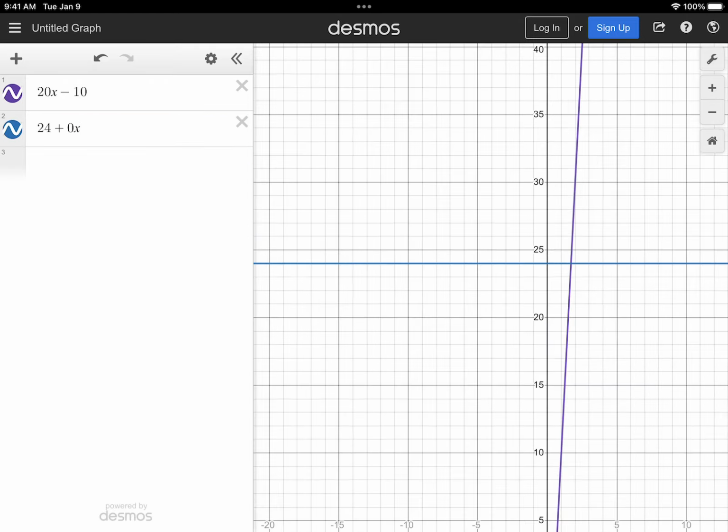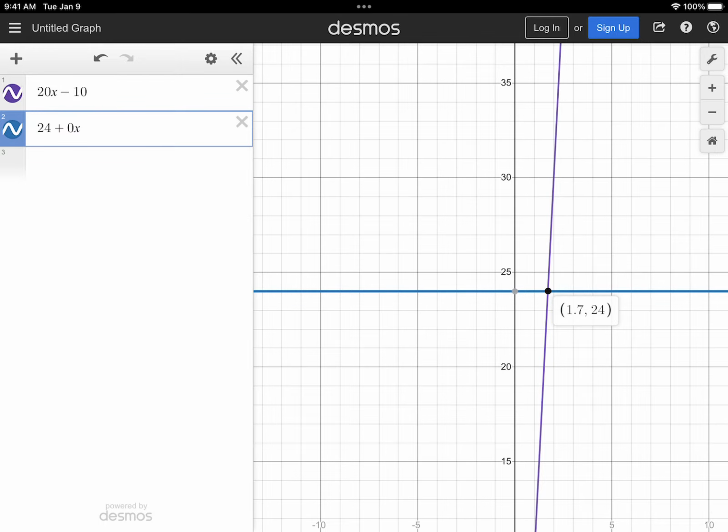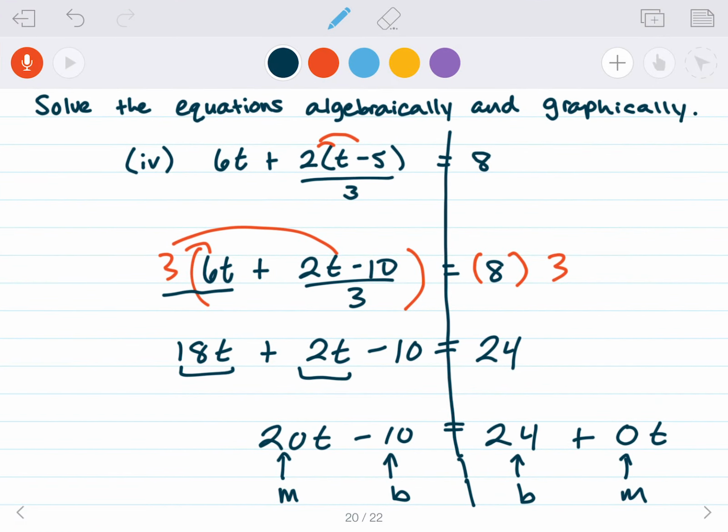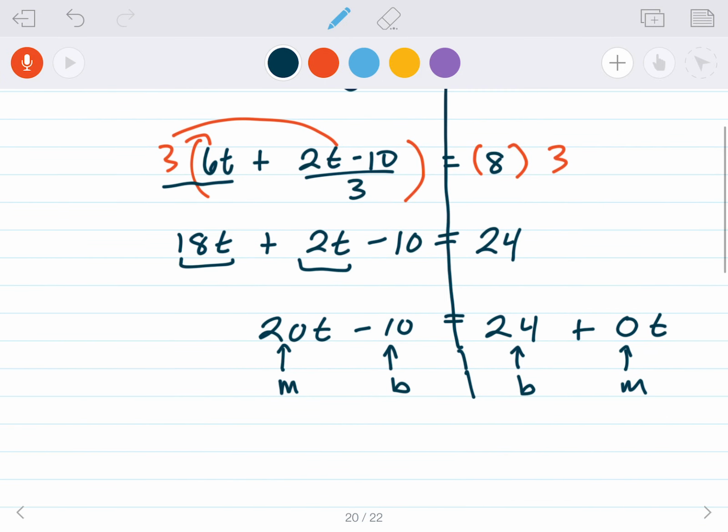All right, so we can see that they cross right here. And so x is going to be 1.7, or t, rather. So we can see from the graph that we have exactly one solution. Remember, our choices are exactly one solution, no solutions, or infinitely many solutions.